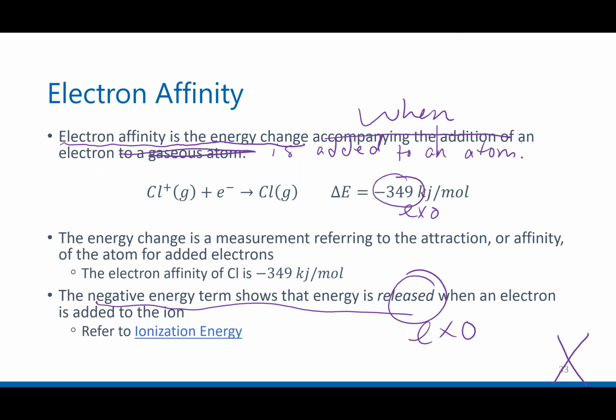The whole point of this, I know it looks complicated, is that eventually we want to wrap our heads around why metals form cations and why nonmetals form anions. It's all about electron affinity and ionization energy. It's a lot easier to add an electron to a nonmetal, and it's a lot easier to remove an electron from a metal.